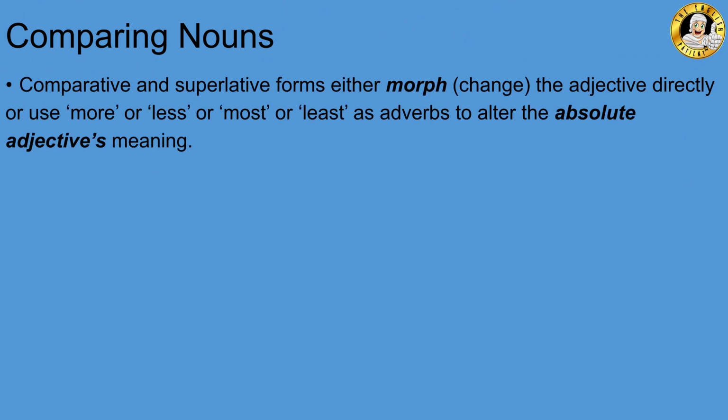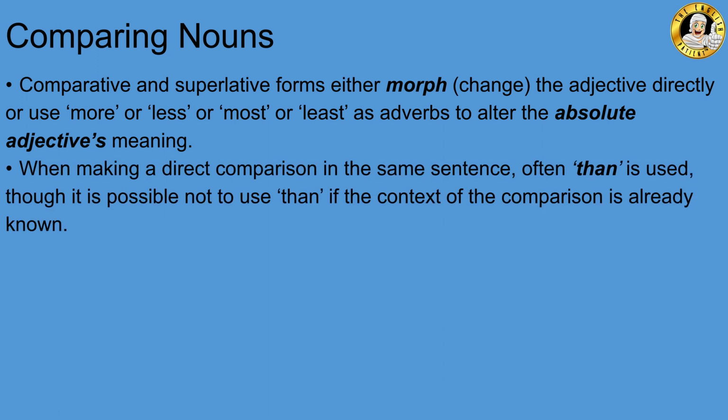Comparative and superlative forms will morph or change simply their form directly, or they will use more or less, or most or least as adverbs to alter the absolute adjective's meaning.